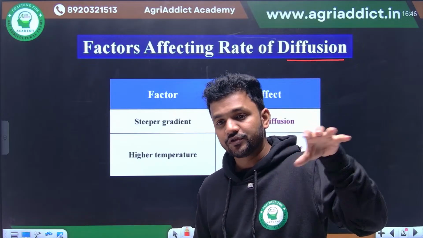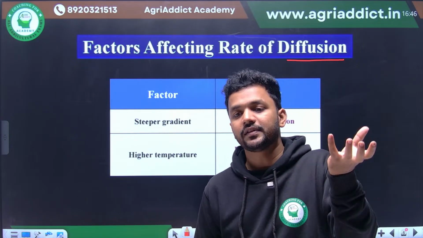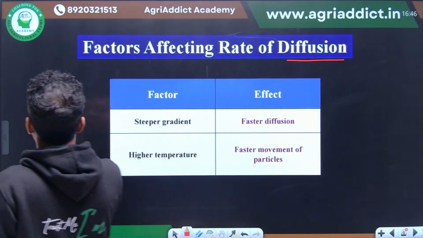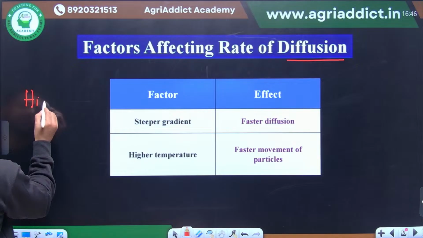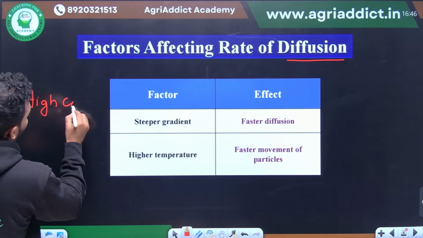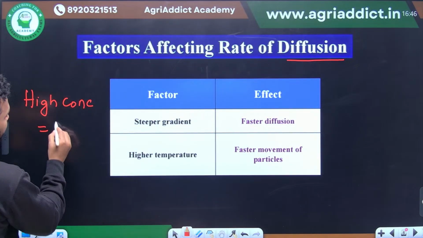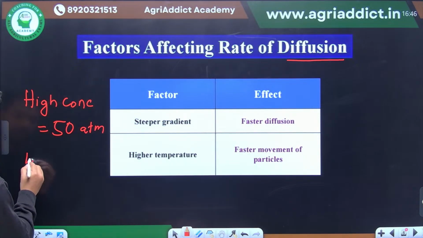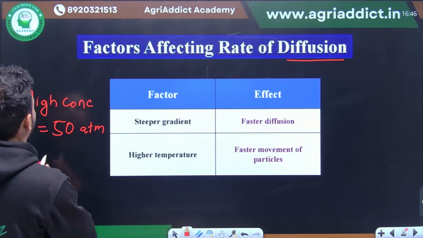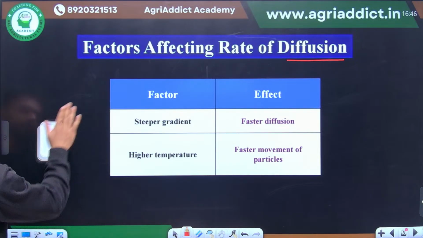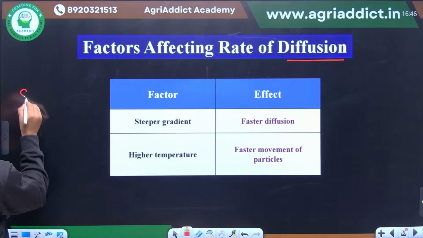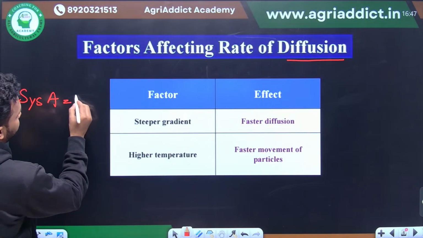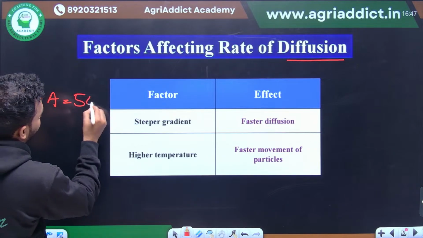So if the concentration gradient, or the difference between high concentration and low concentration, is very large, it means the system at higher concentration of solute or molecules, suppose it is 50 atm, and the low concentration part, or system B. Suppose in system A the diffusion pressure, or the concentration, is 50 atm.